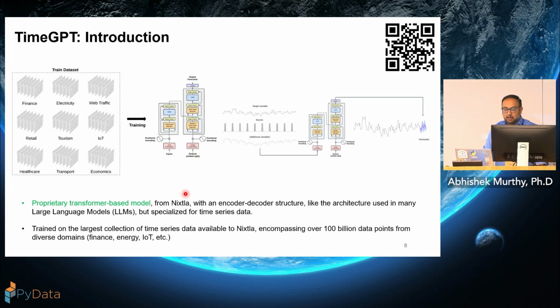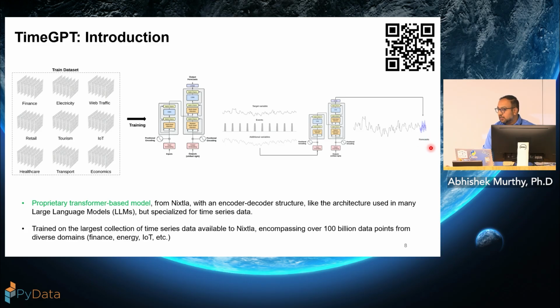They claim to be training it on about 100 billion data points. They don't tell us how many parameters are there in the model today, right? And these data sets come from very diverse domains like finance and electricity all the way to tourism, right? And the goal is to be able to forecast the time series. Right?